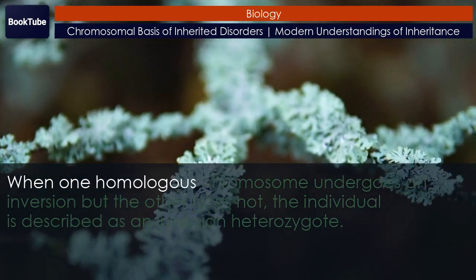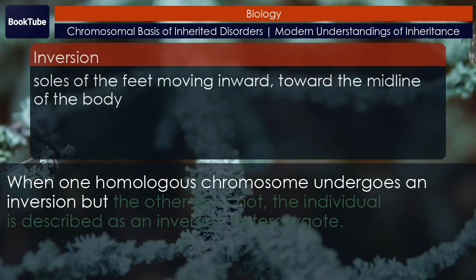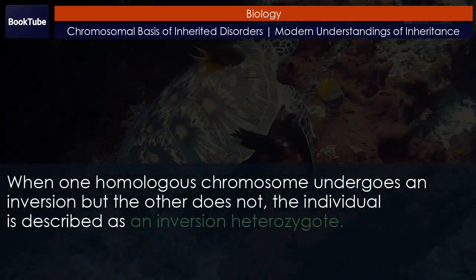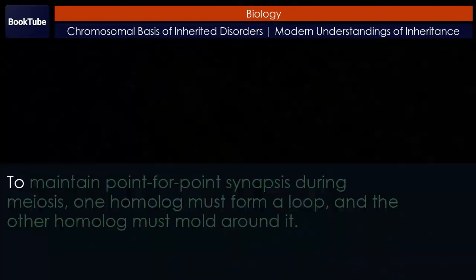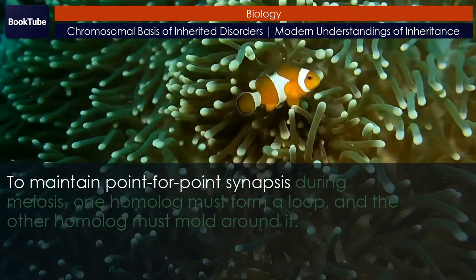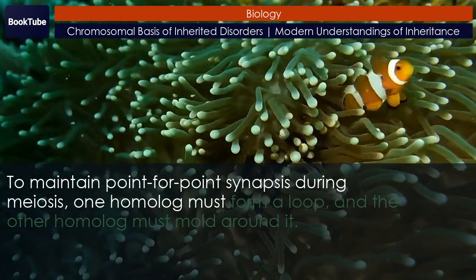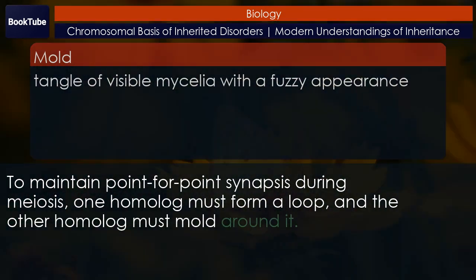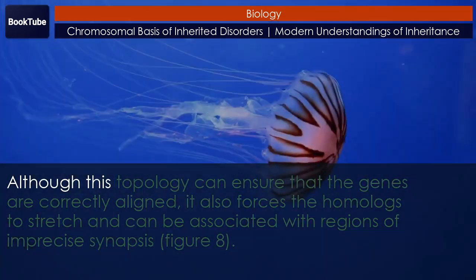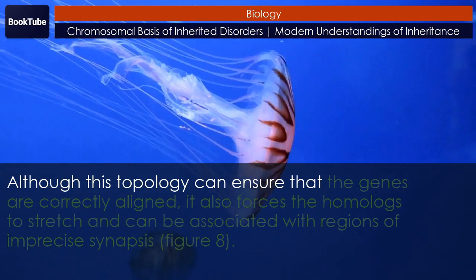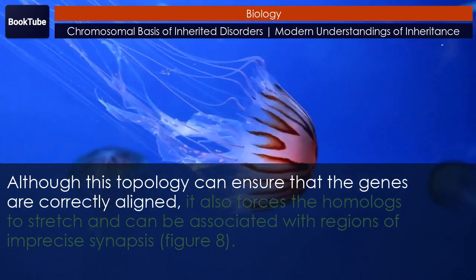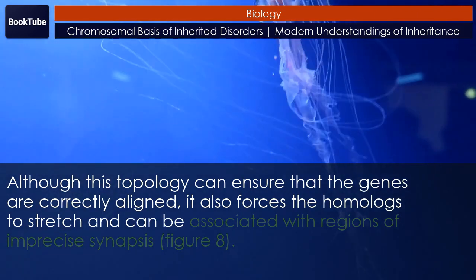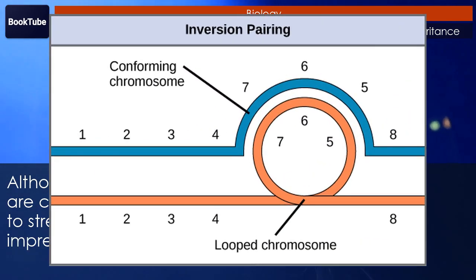When one homologous chromosome undergoes an inversion but the other does not, the individual is described as an inversion heterozygote. To maintain point-for-point synapsis during meiosis, one homolog must form a loop, and the other homolog must mold around it. Although this topology can ensure that the genes are correctly aligned, it also forces the homologs to stretch and can be associated with regions of imprecise synapsis.